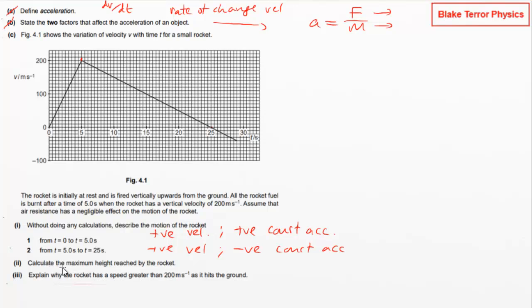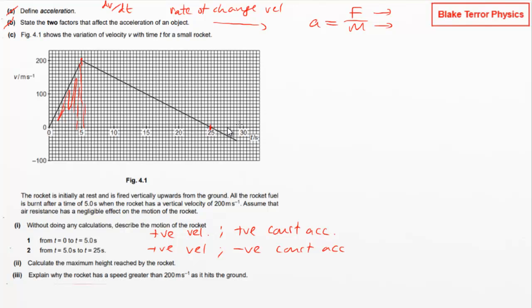Calculate the maximum height reached by the rocket. Well, I've used this question before in the past, and if people are going to make a mistake on this, they make the same one: they work out this area here, up to the maximum velocity. But of course, the maximum height is going to be all the way up to 25 seconds.